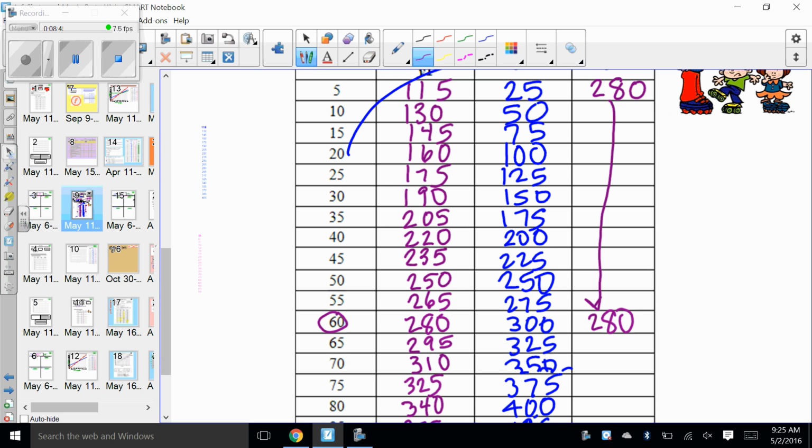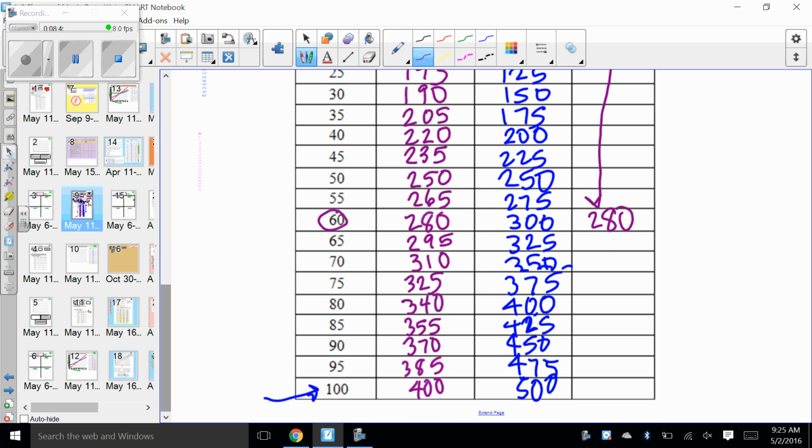So up to 60 people, it's exactly $280. But after that, we are going to pay $2 for each additional person. From here to here, we have 5 people that we're bringing. We have to pay $2 for each of those people, which would be $10. So it's going to be another $10, which is $290.